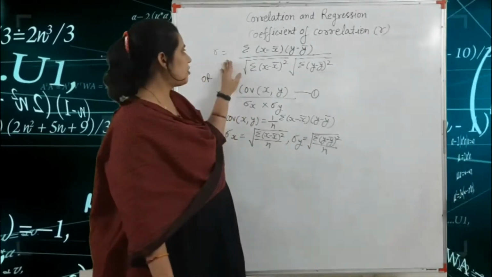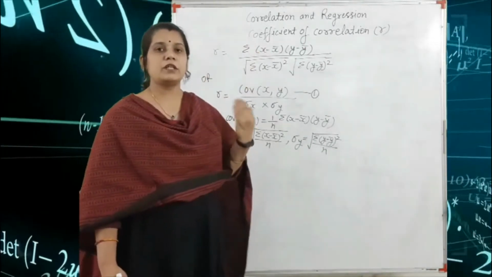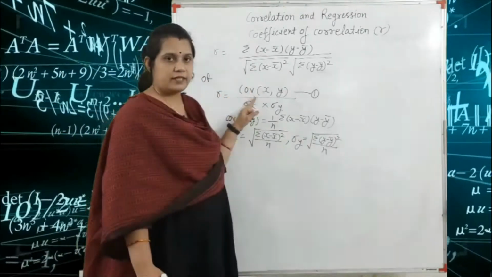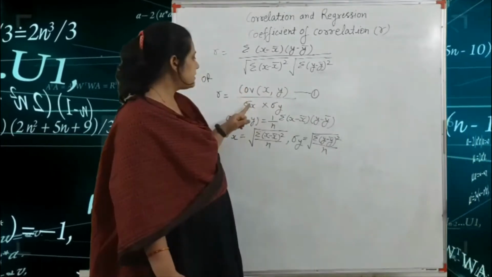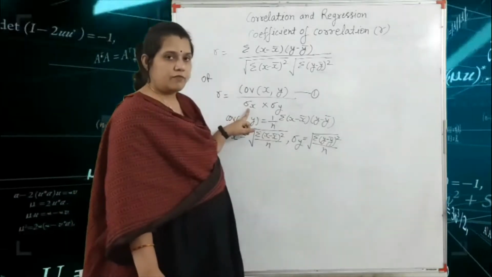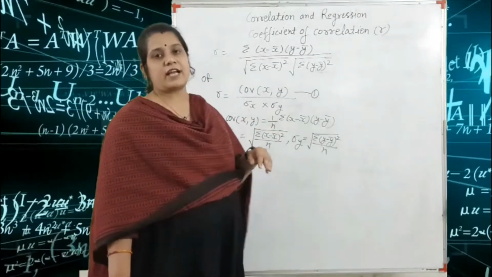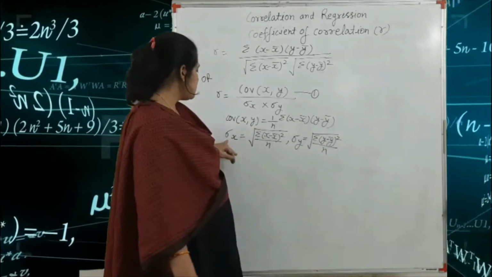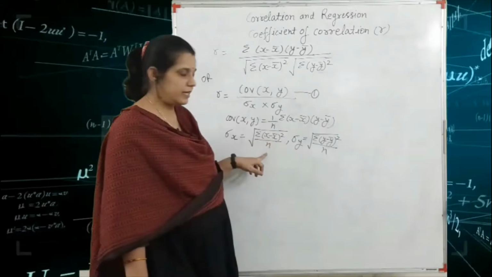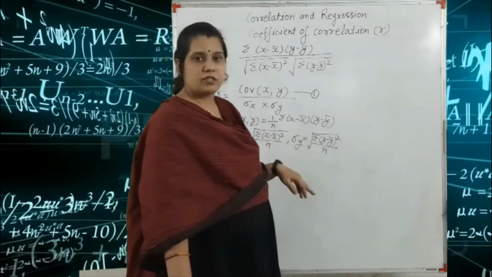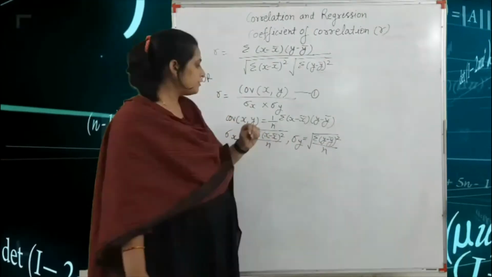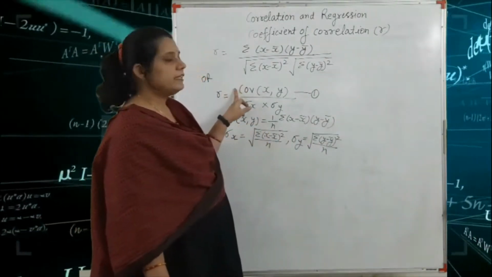We use this formula for finding the coefficient of the correlation. The second one is r is equal to covariance x comma y divided by sigma x into sigma y. We put all these values in the given formula.